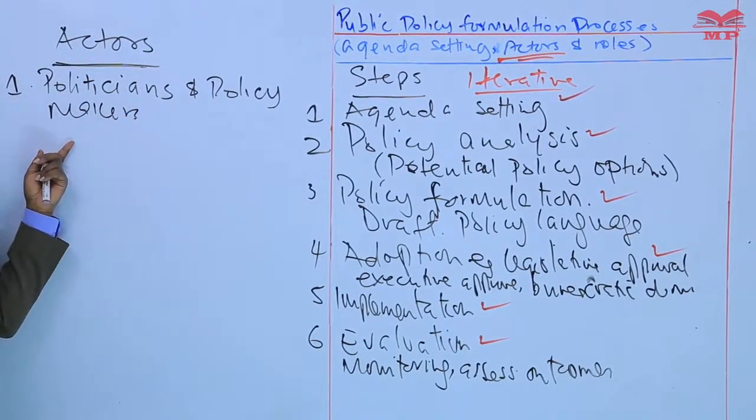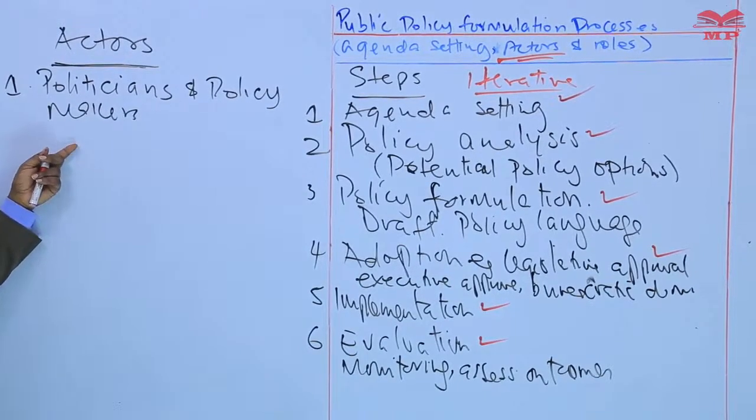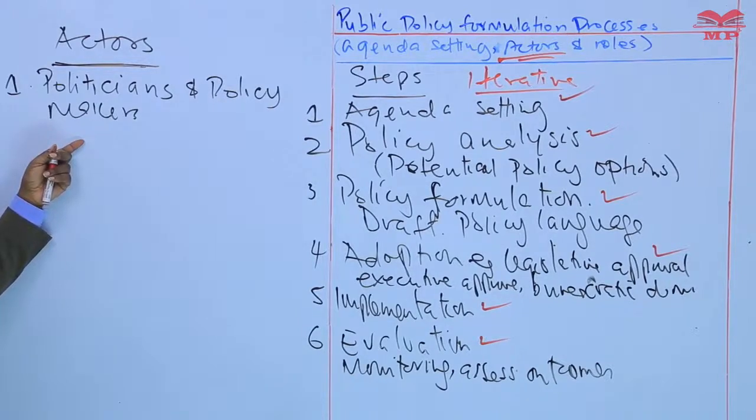Politicians are the elected or the appointed officials who are responsible for making decisions about public policy. They are typically responsible for setting the policy agenda, conducting policy analysis, developing and refining policy proposals, overseeing the adoption and implementation of policies.